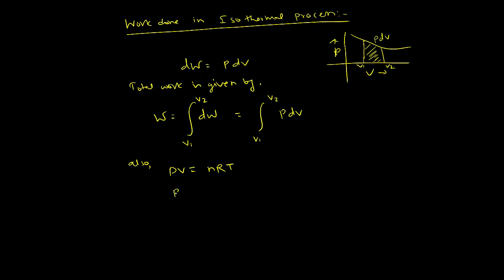Then from this equation we can calculate the value of P as nRT upon V. This is equation 2 and the earlier one is equation 1.